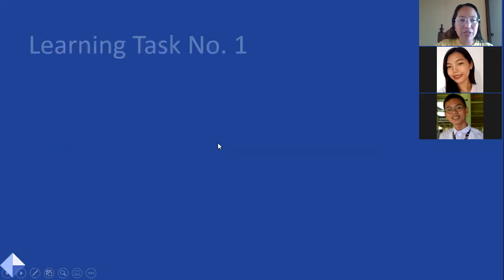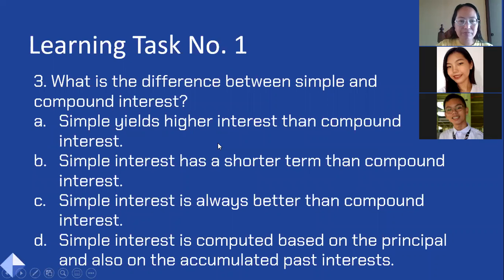Okay, let's have question number 3. Actually, this one is the second objective. You have to distinguish the difference between simple and compound interests. So basically, which one do you think is the correct answer here? Anyone? Lance, you want to make a wild guess?